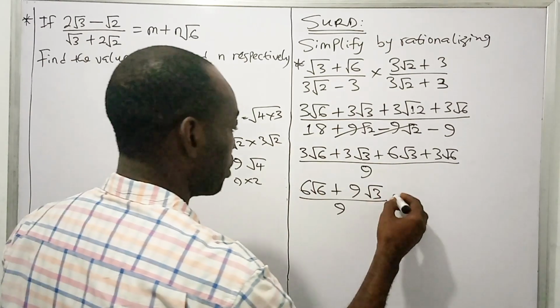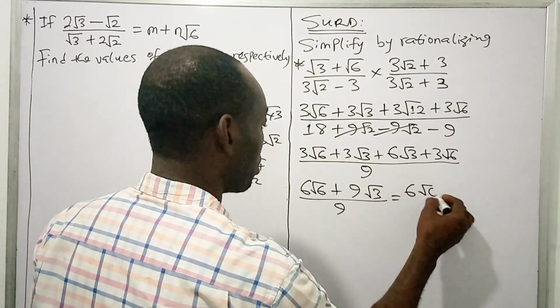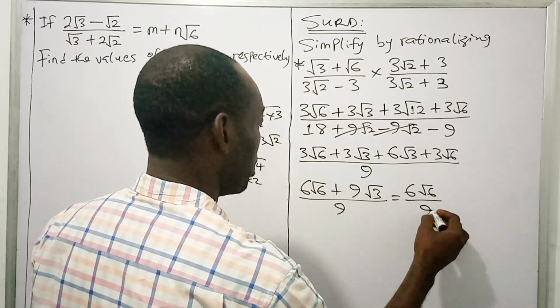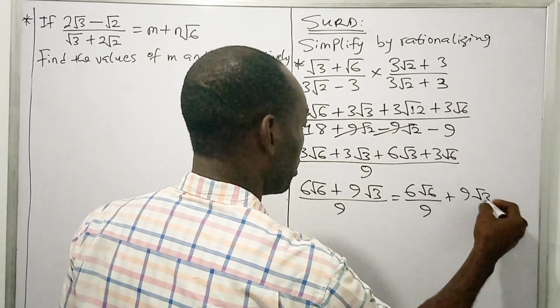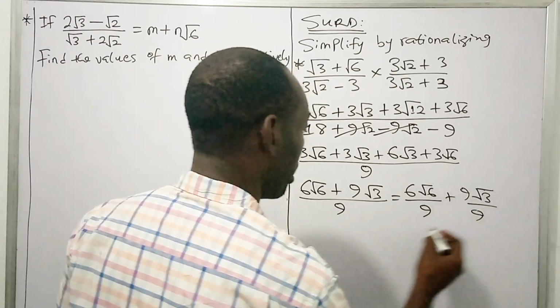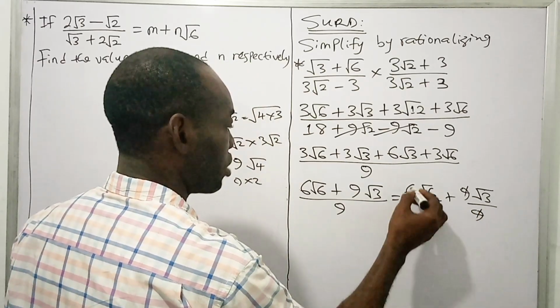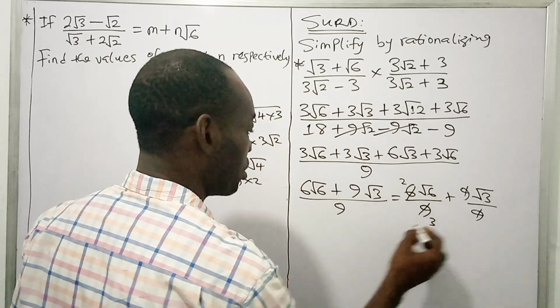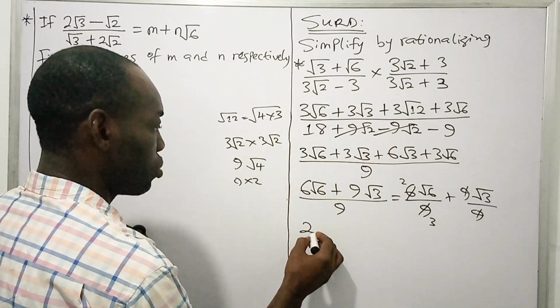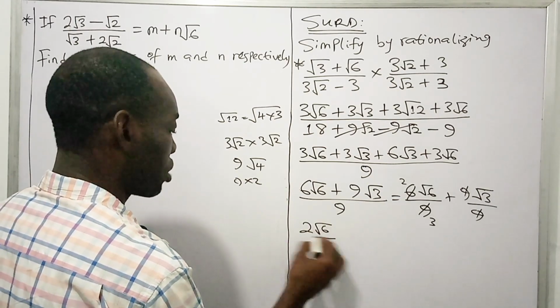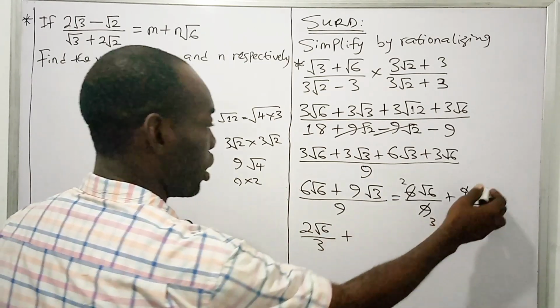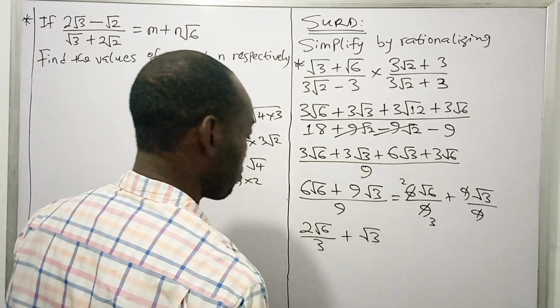Now, if we separate the denominators here, we'll have 6 root 6 over 9, plus 9 root 3 over 9. Where 9 will cancel itself here, then 3 here is 2, 3 here is 3. So that will give us 2 root 6 over 3. Then here we have root 3.